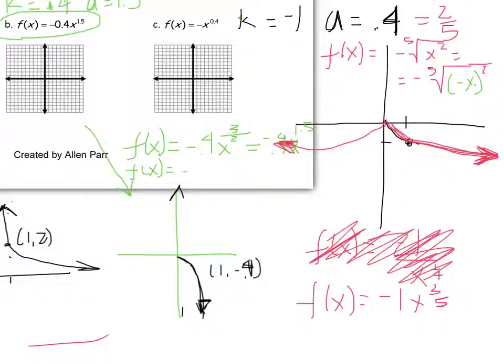Again, I can rewrite this in this form. This 2 would be outside the radical, and then x cubed.